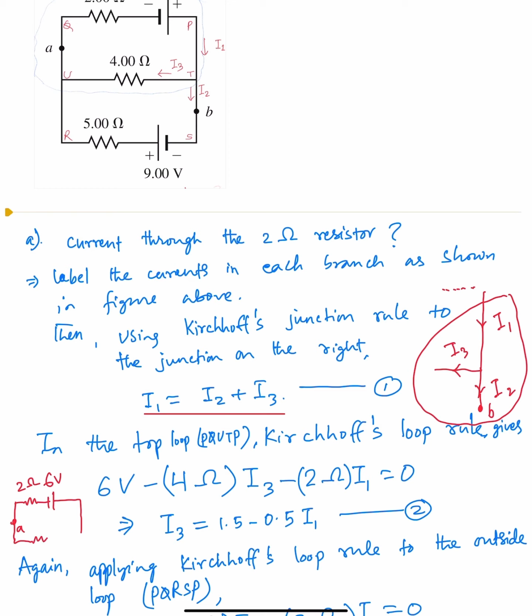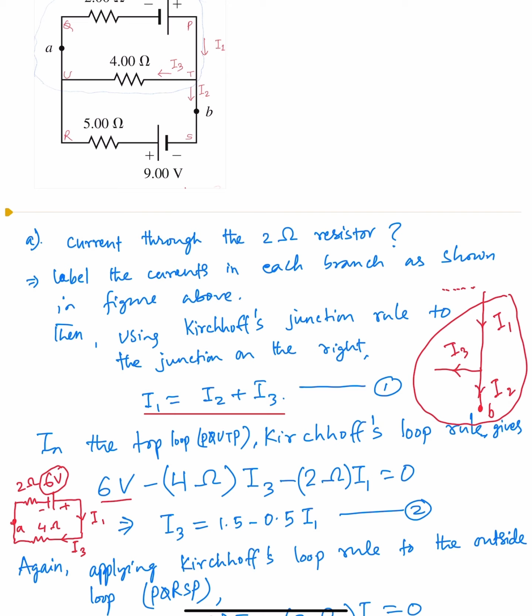Further there is a 4 ohm resistance. Here is I3, here is I1, this is the negative and this is the positive terminal of the battery, and this is 4 ohm. So on this loop you can use Kirchhoff's loop rule again. This is the battery supply of 6 volt.